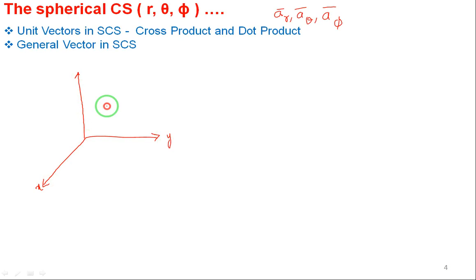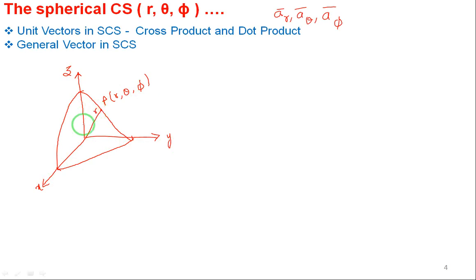X-axis, Y-axis and Z-axis. I shall mark the points. Okay, let me look at the point P here, whose coordinates are r comma theta comma phi.